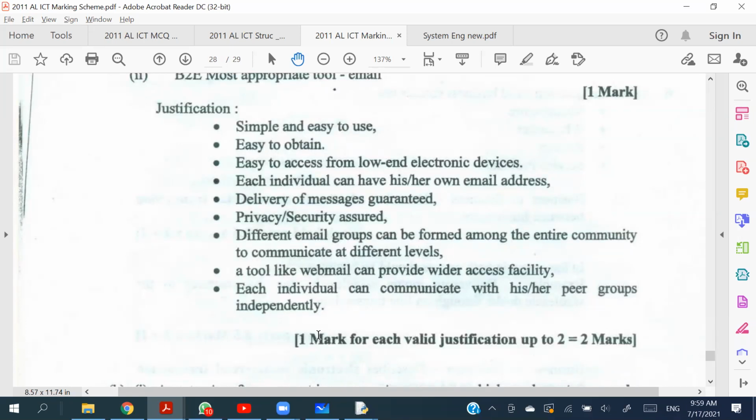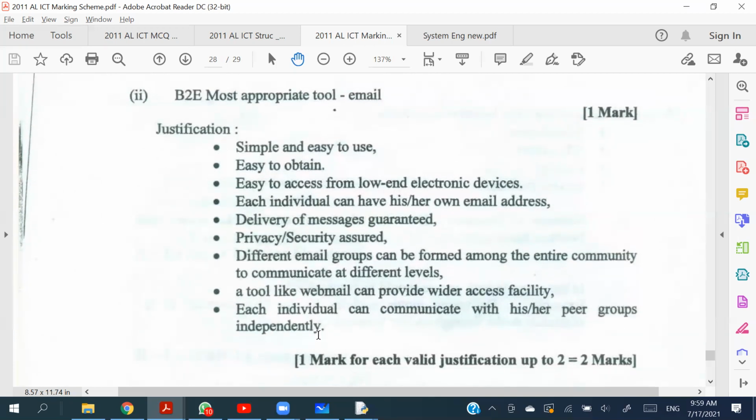Likewise, there are many. If you got any alternative answers, just let me know. So they have given 1 mark for choosing email and 2 marks for any 2 different factors. So mark it.